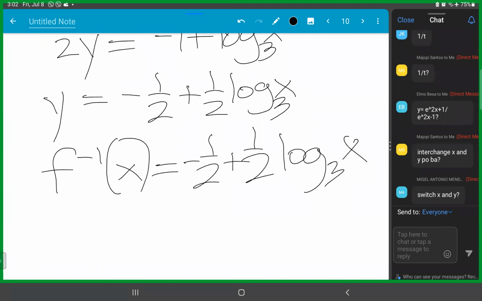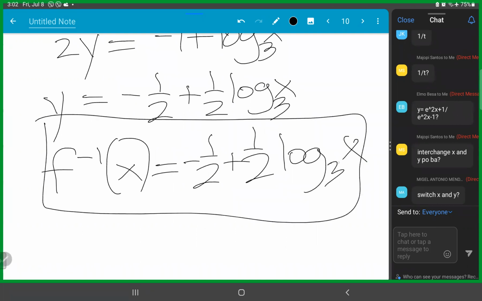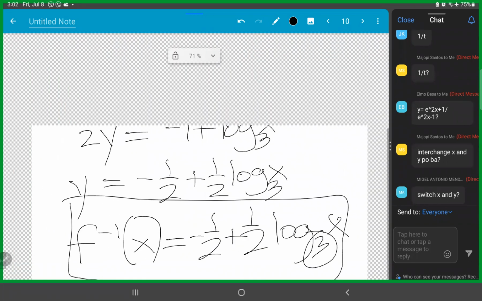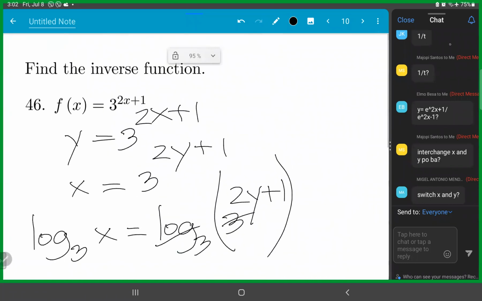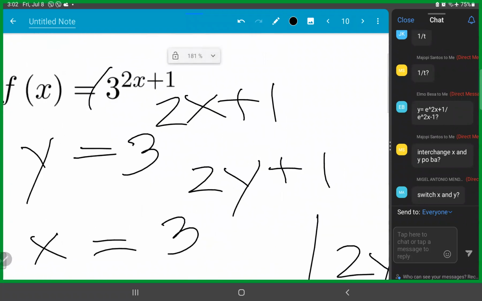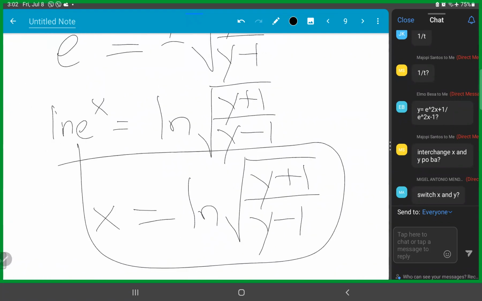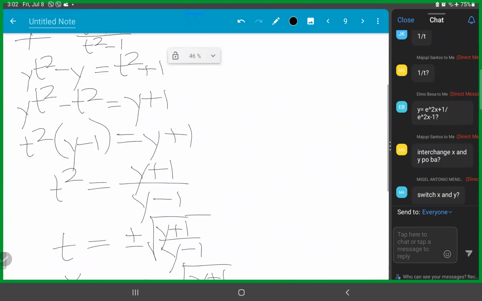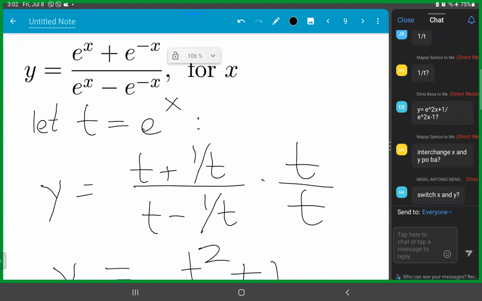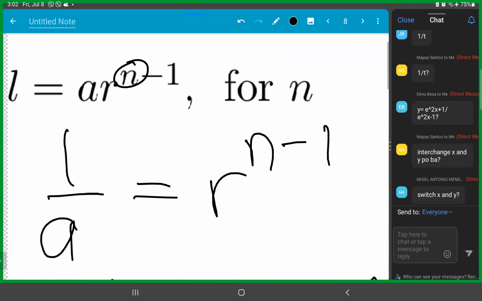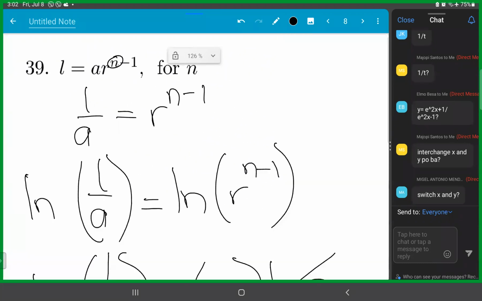Yan. So, nakita natin yung inverse natin naka-base 3. Kasi yung original function natin, exponential, pero base 3 siya. Hindi kagaya ng kanina lang, suggested by one of you. Ito, nag-ln talaga ito, no choice dyan. Dito, napansin nyo. Actually, pwede ako mag-base 3 dito if you want me to show.